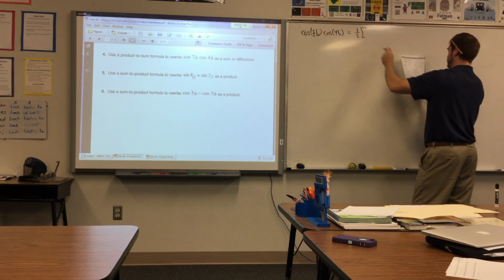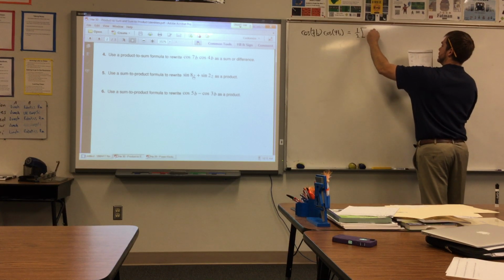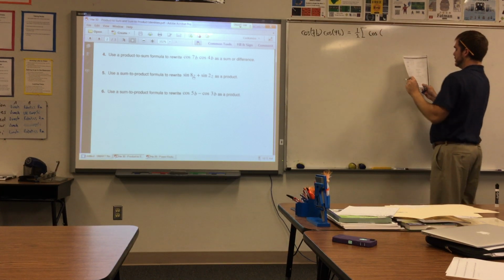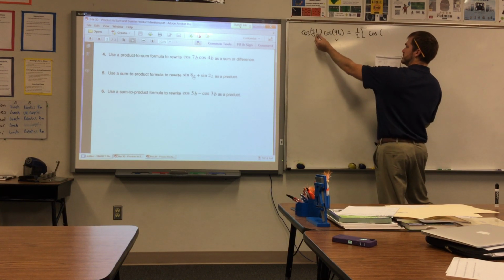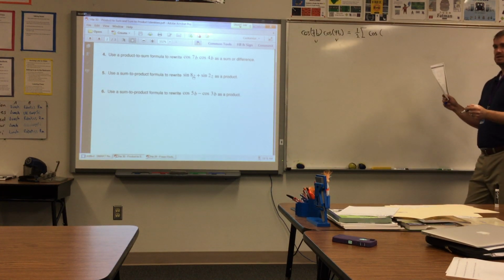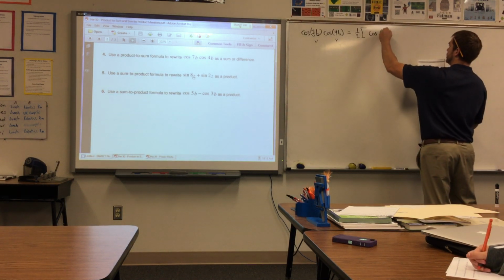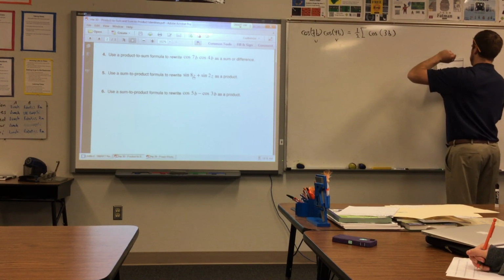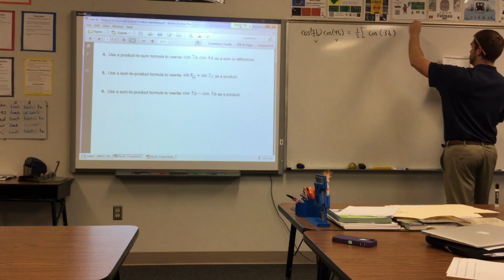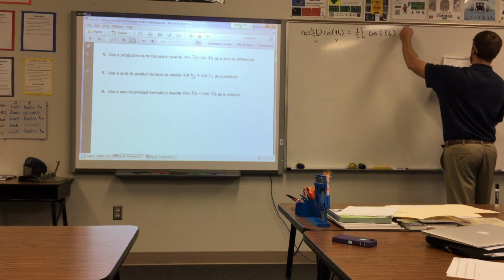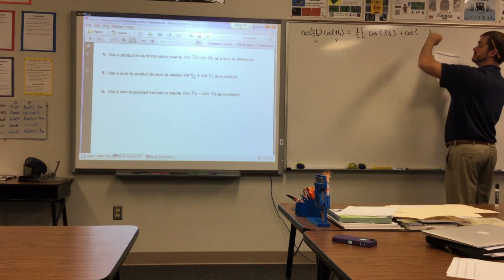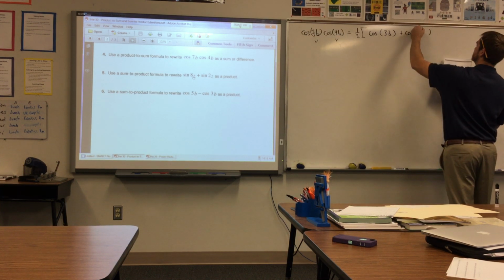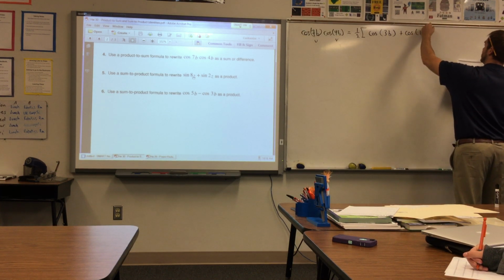Bracket. Cosine, parenthesis, u minus v. Can you do that in your head? The u minus v, yes. 7b minus 4b. 3b. Close parentheses. Keep going. Plus cosine u plus v, so 11b.